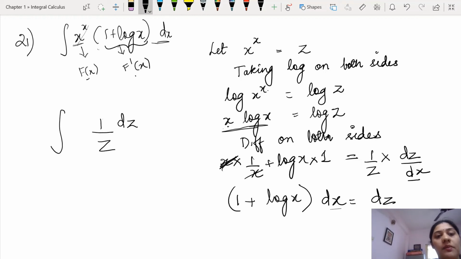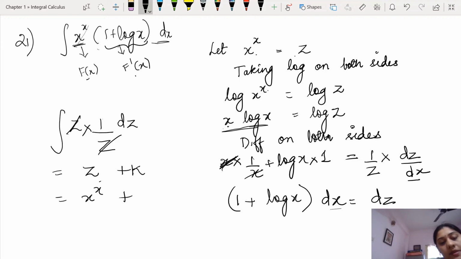Now this term x power x is nothing but z, so I'm going to write that here. Both will get cancelled. When I integrate this, all I'm going to get is the integration of 1 dz, which is z plus k. And z is x power x, so x power x plus k is my answer.